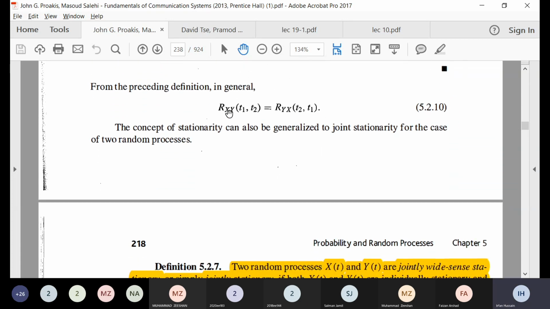And you can again see that Rxy(t1, t2) will be Ryx(t2, t1), because Rxy(t1, t2) is E of x(t1) times y(t2). If you just interchange time, you can also interchange this, and this will be E of y(t2) x(t1), which is the same thing. So they are the same.